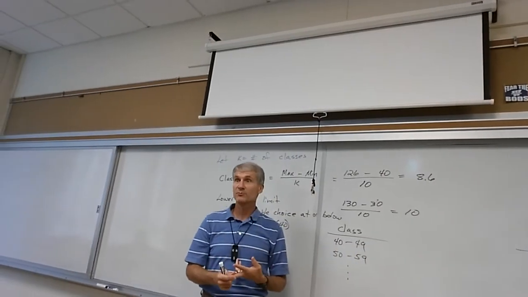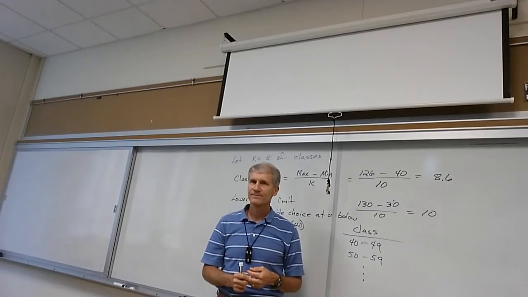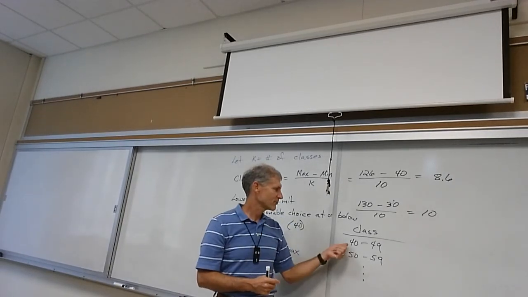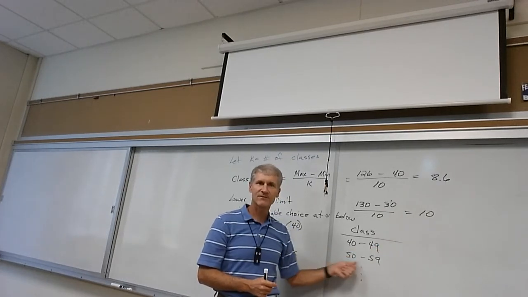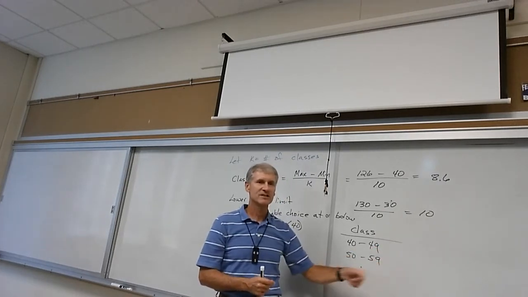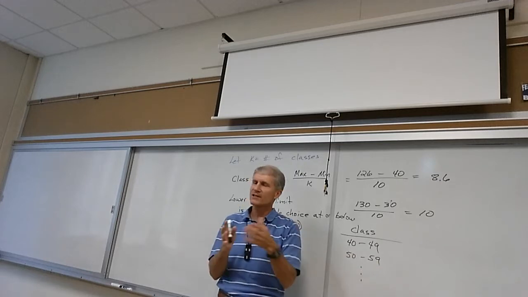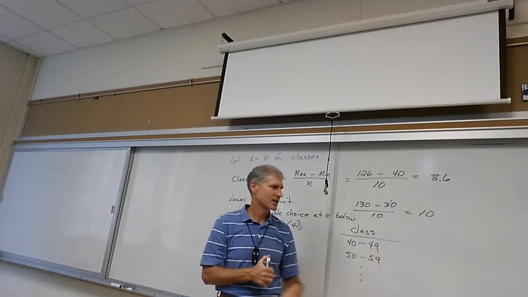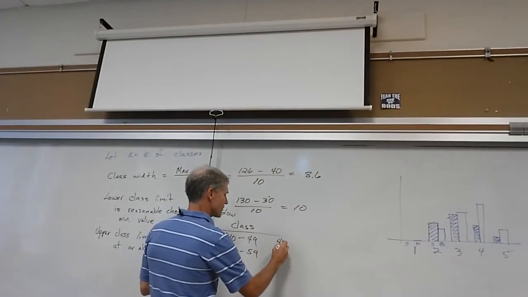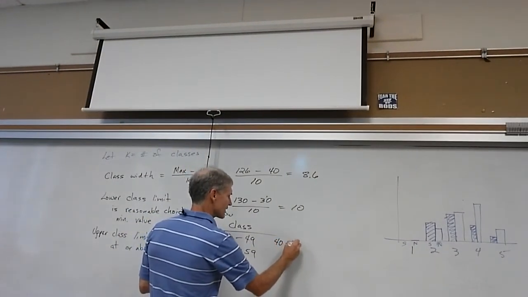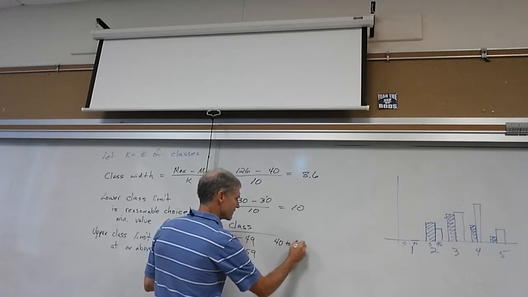What if I had 2 decimal places? Then I would go 40 to 49.99. 50 to 59.99. So the number of decimal places you have in your data dictates how close you get. Some software will write it this way: 40 to less than 50.